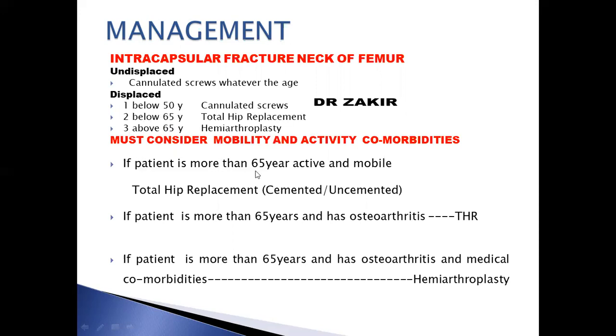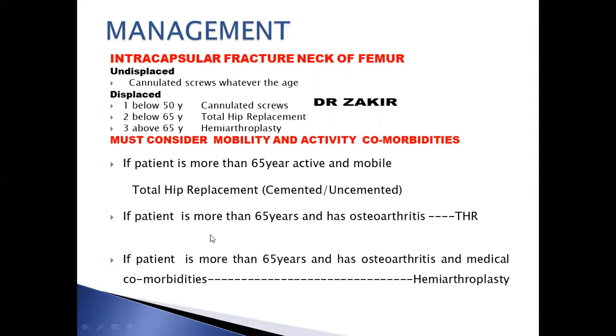Before taking the decision of the surgeries in neck of femur, we should consider how active the patient was, what about the mobility of the patient, and what about the comorbidities of the patient, because this changes the decision of the management. If the patient is more than 65 years and is active and mobile, like a doctor, teacher, engineer, or sportsman, we are going to do total hip replacement.